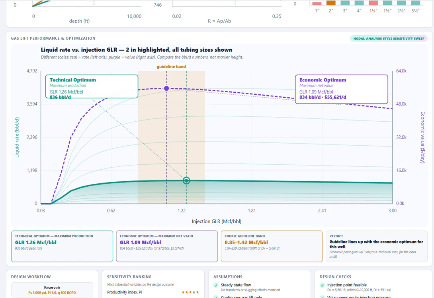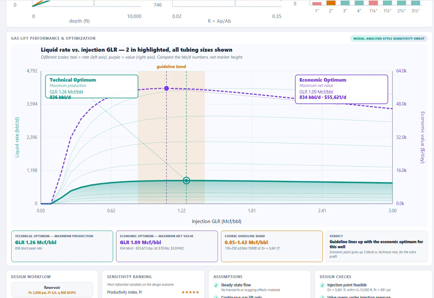If the technical optimum gives the higher production, should we always operate there? Think about it. Not necessarily. Gas costs money. Compression costs money. That's why the dashboard also calculates the economic optimum.